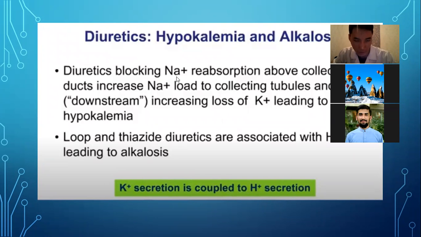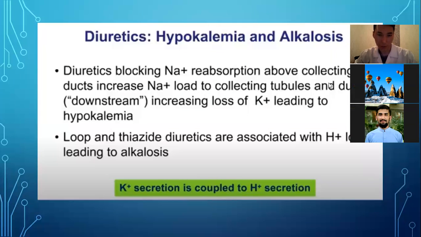There will be reabsorption of sodium and potassium, chlorine, bicarbonate ions, and hydrogen ions. All of these substances and ions are going to be reabsorbed, but not all of them, and some in different areas.